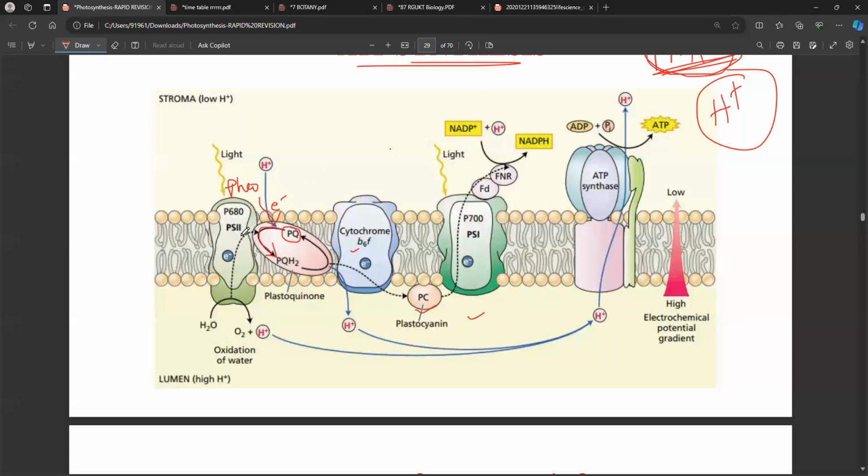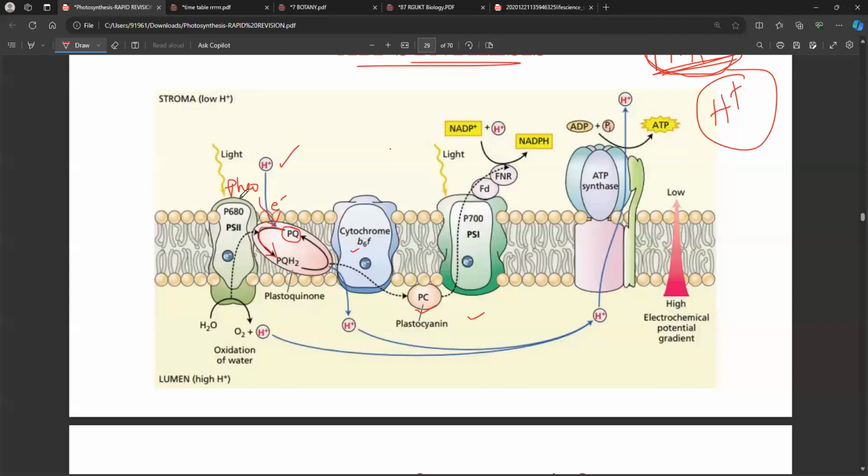Now, a very interesting point: if plastoquinone wants to get reduced to PQH2, the electron is not sufficient. It requires the proton also. So by using both the proton and electron, plastoquinone is reduced to PQH2.